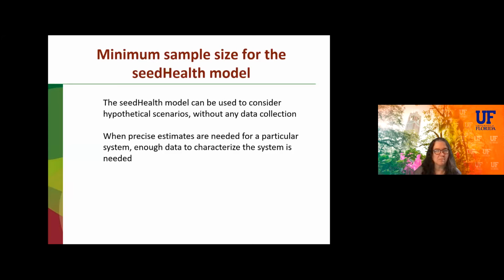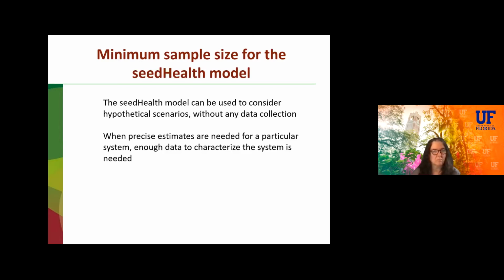So the minimum sample size for the seed health model can vary. The model can be used just for hypothetical scenarios without any data collection, just based on questions about what would be expected to occur given assumptions about a system. And then when precise estimates are needed for a particular system, for example, for the stages of giving people advice about management, enough data would be needed to characterize the system.